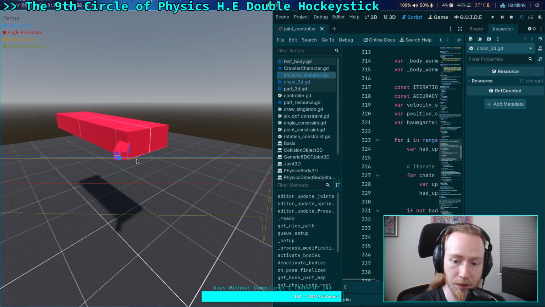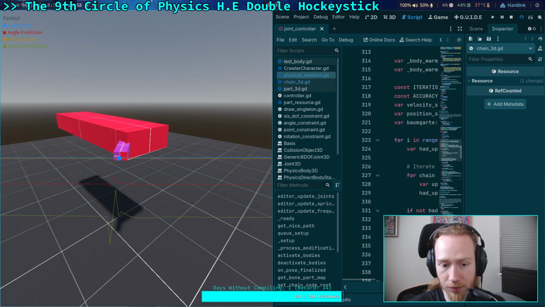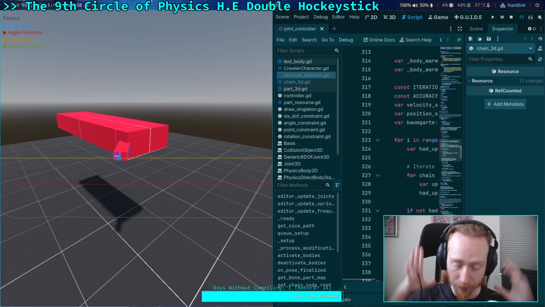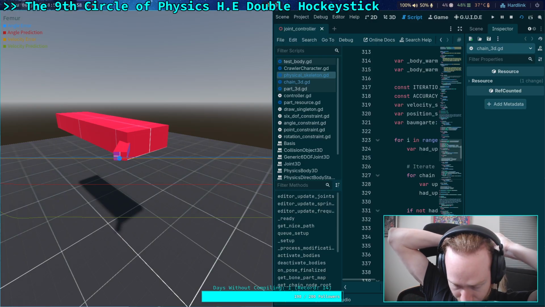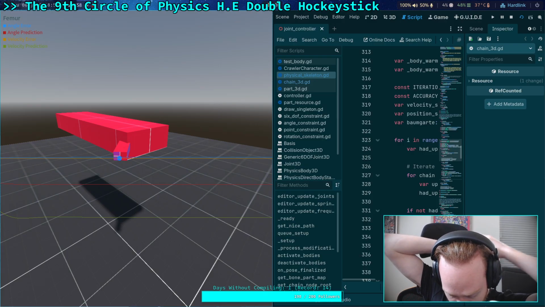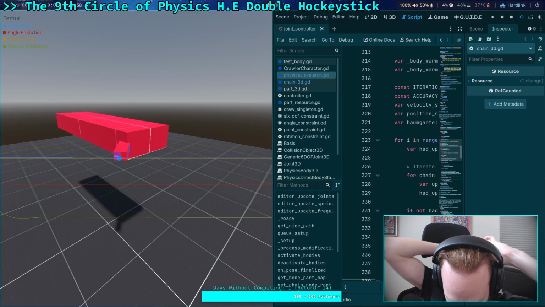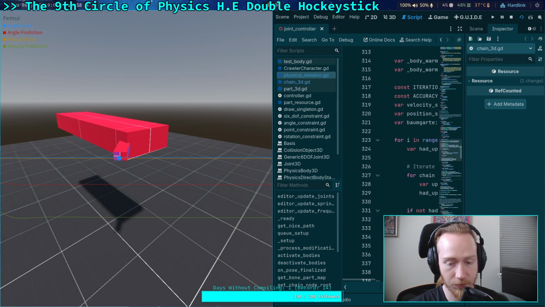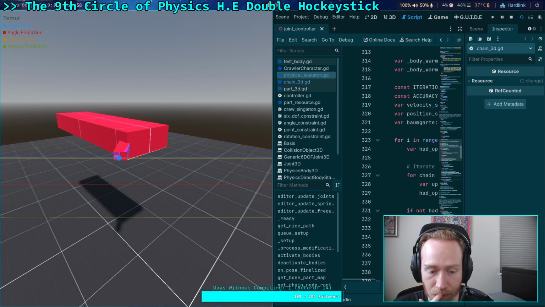Try to catch it right when it flips. The angle is deviating and not correcting. I can't remember if I had like a mistake somewhere.